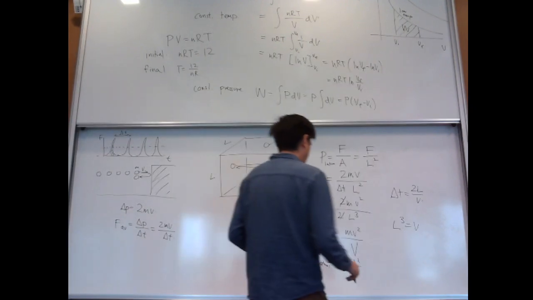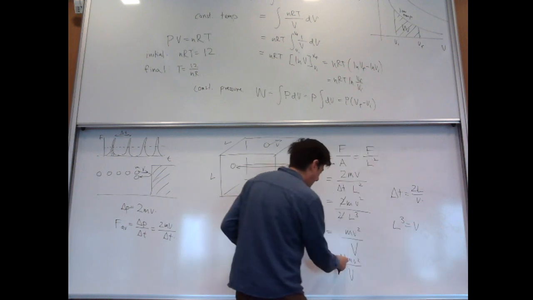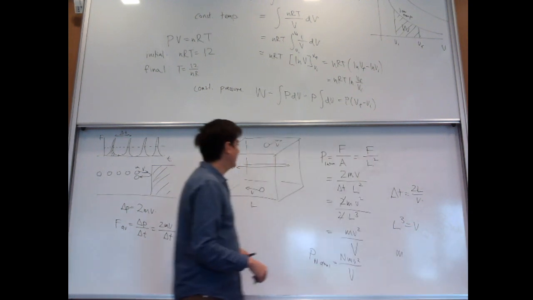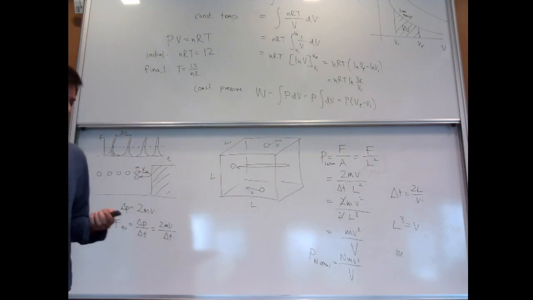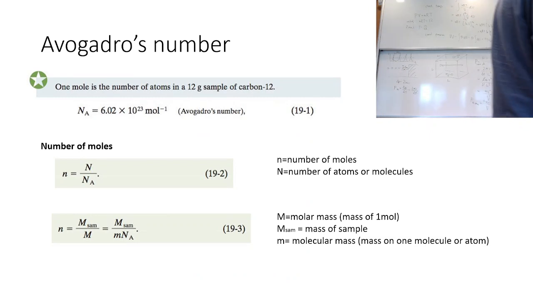So if we convert to number of moles, okay, so let's do it like this. So this is the mass of one atom, right? And from the first few slides, the mass of one atom, that's little m.